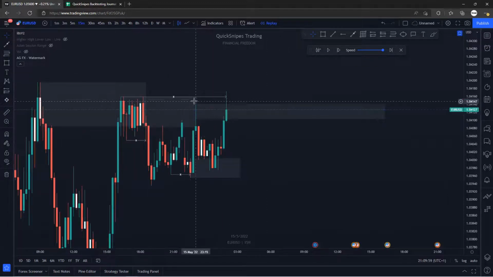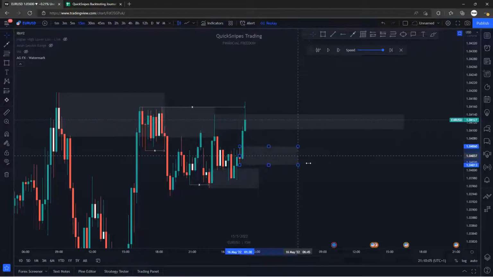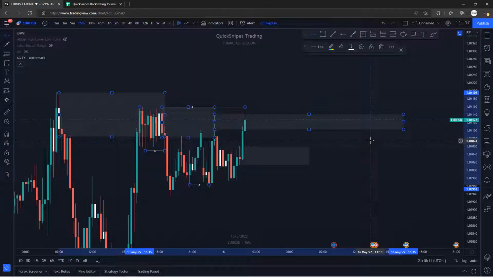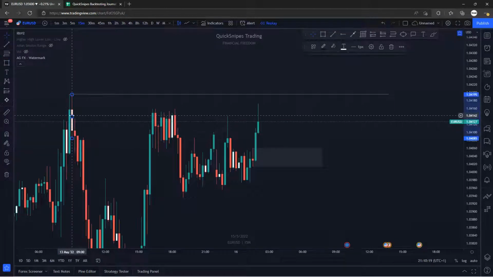What caused this break of structure and this liquidity grab? Well, we could argue that it was this order block over here. So let's just clear some of our analysis over here. What are we seeing? We're seeing a swing high over here. We're seeing this supply zone. Now we have to be careful.